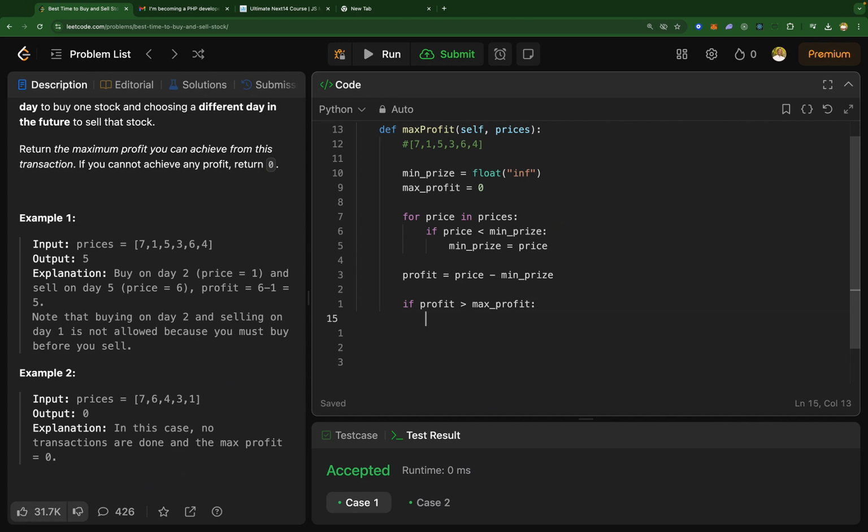If it is true that that is the maximum, then we are going to update the max profit with the value of profit. After we are done looping, we need to get out of the loop. Then we return max profit.